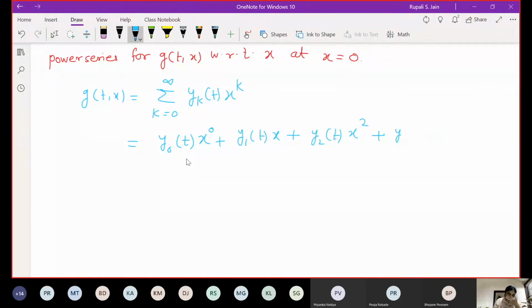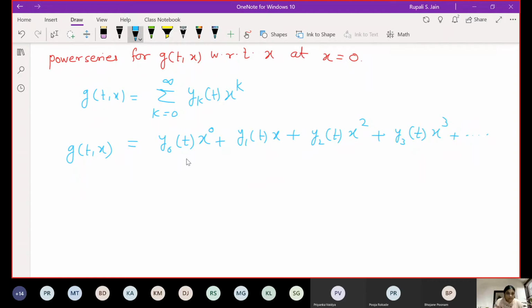Is it right? This is my g(t, x). So what is y_k(t)? y_0(t) is the 0th coefficient, right? y_1(t) is the first coefficient. Now if I want to find this coefficient, what should I do?